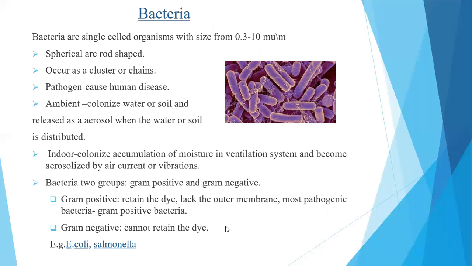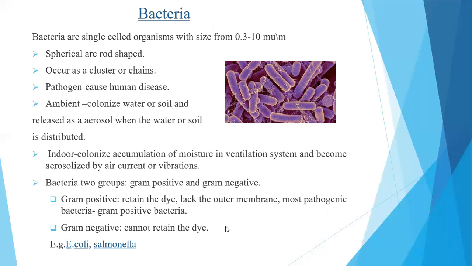Most of the viruses can survive for weeks or months. Next, we'll study the bacteria. Bacteria are single-celled organisms with a size from 0.3 to 10 μm. Several factors about bacteria include: bacteria are generally spherical or rod-shaped.